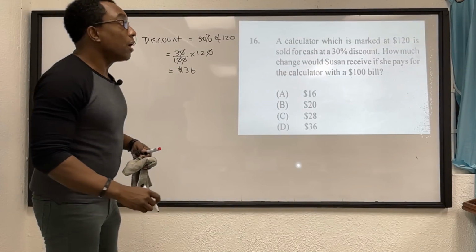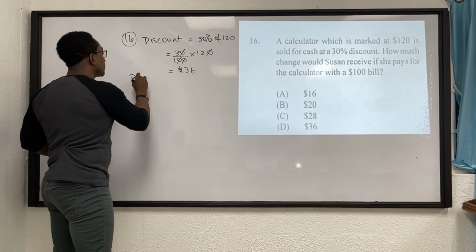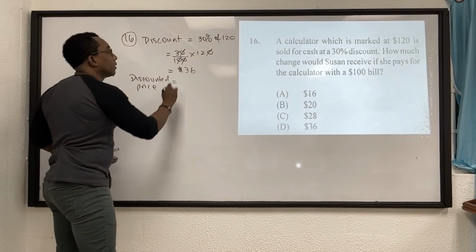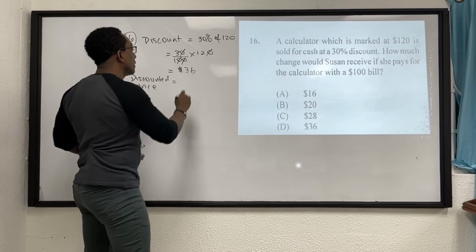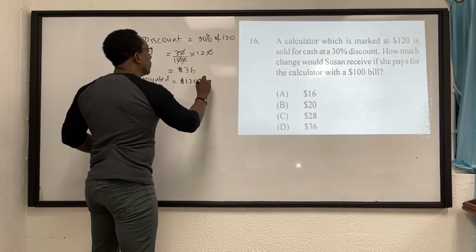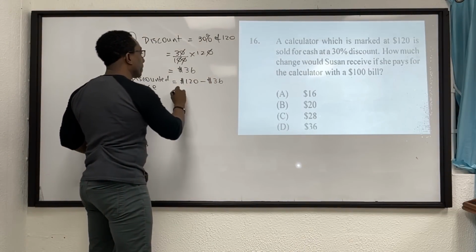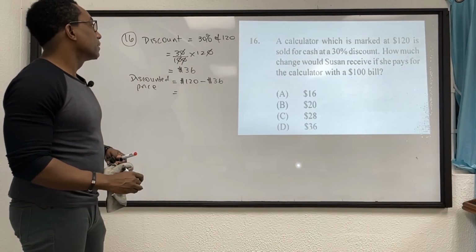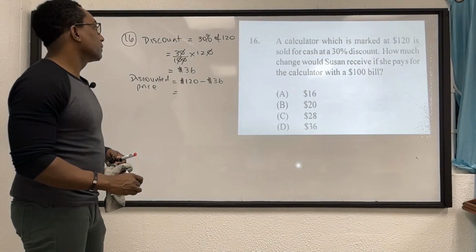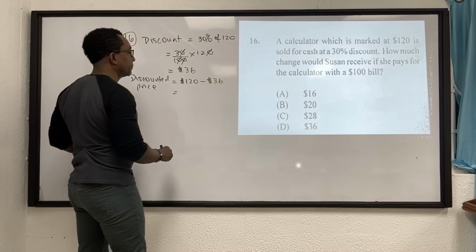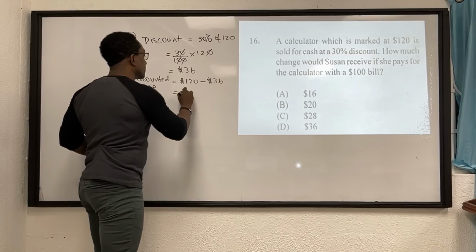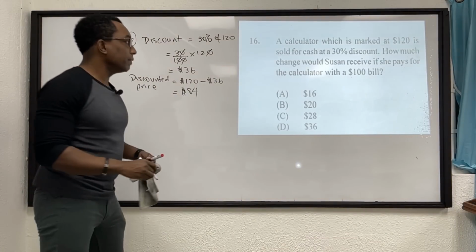So the discounted price will be to subtract $36 from $120. So $36 from $120, that will give us $84. Yeah?